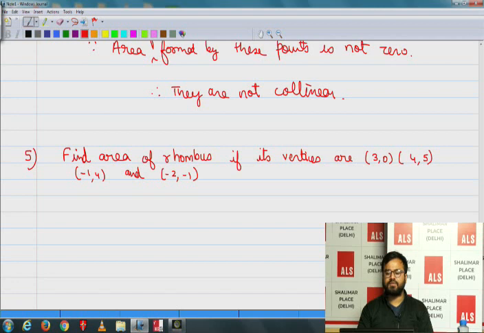Area of rhombus if its vertices are these. Taken in order. Taken in order means in whatever order it is given, like A, B, C, D, P, Q, R, S, like that. So find the area.